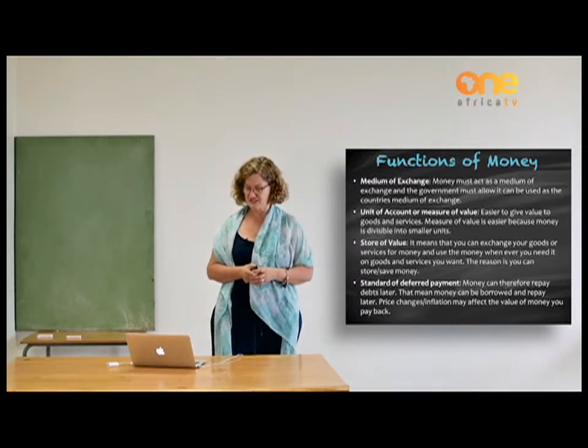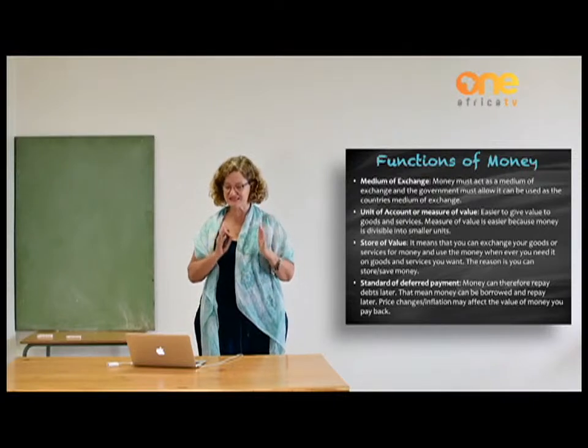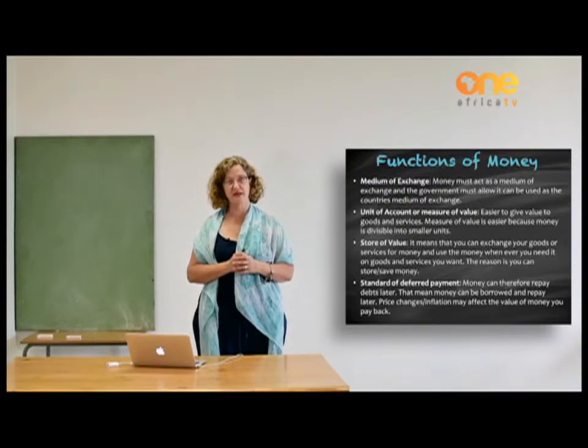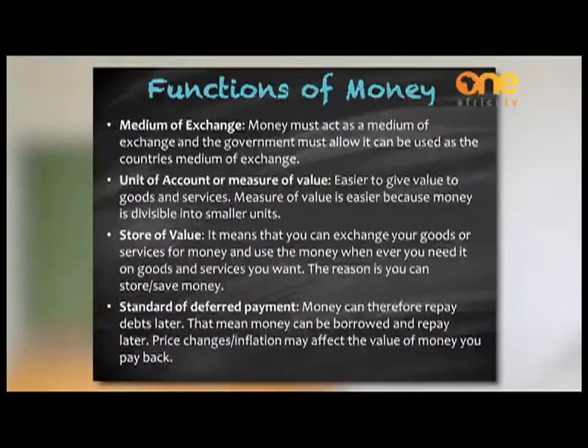Then the last function of money is that money must be a standard of deferred payment. What that means is that I can get the product you put on the market for selling to whoever is interested. I can get it, but I can pay over, say, 6 months for that product.